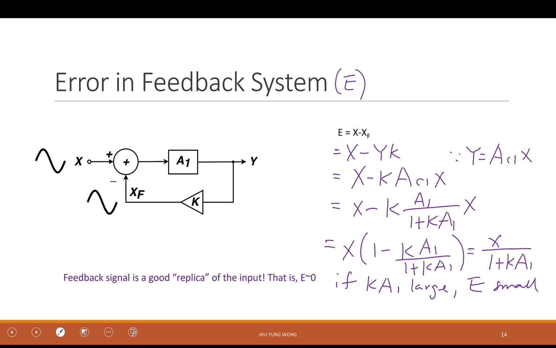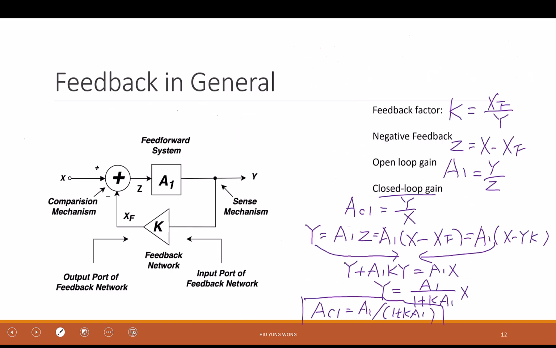He asked if K is positive. That depends on your purpose. We are talking about negative feedback, right? So in order to have negative feedback, I want x to subtract something proportional to y. If K is negative, then I'm going to add something proportional to y, so you are double negative, and you become positive feedback.